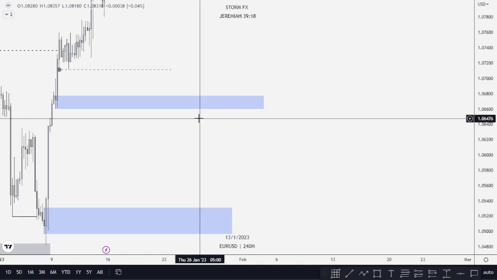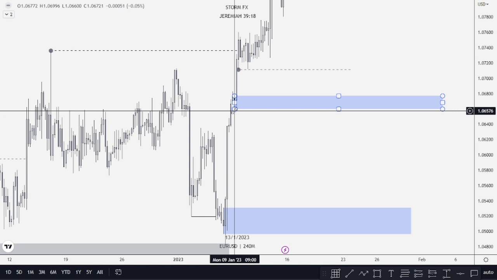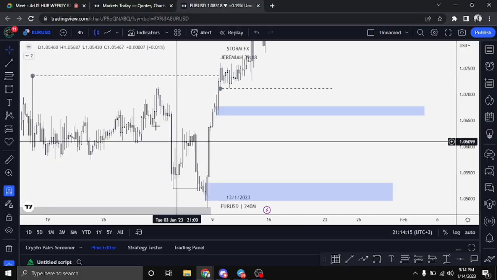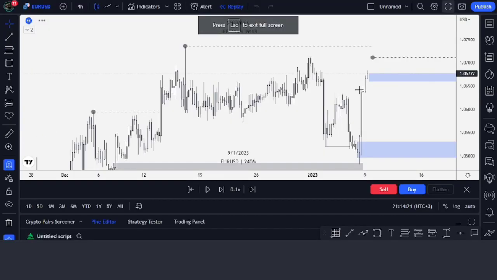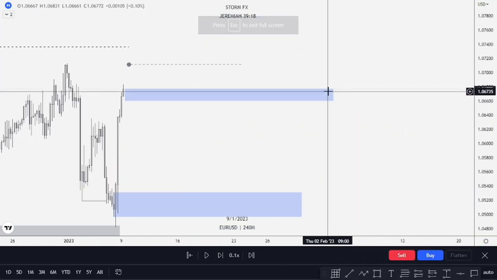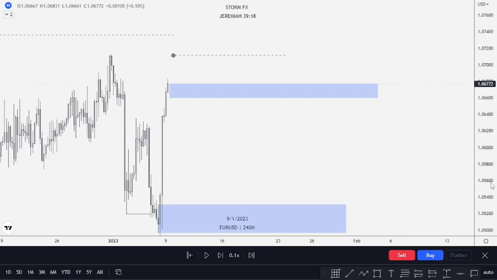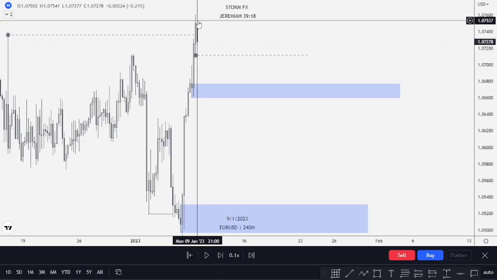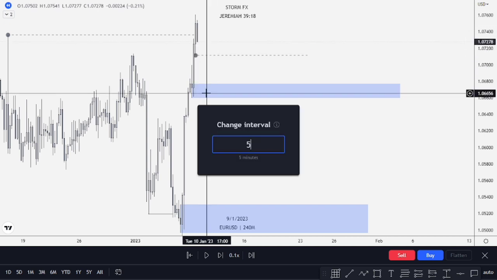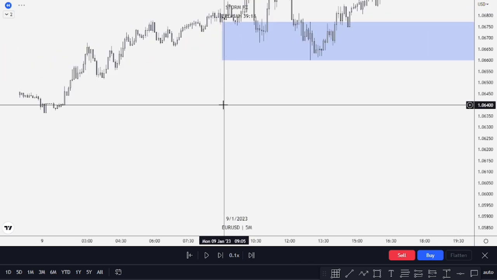So where was it? So this was Monday, yeah, Monday around here. So on Monday, let me get rid of this. Should I? Yeah, let me leave it. So Monday, it was around somewhere here in the evening. So around here I had seen a pullback, and so on the 5-minute zone, because it was a 5-minute zone, wait, where was it?